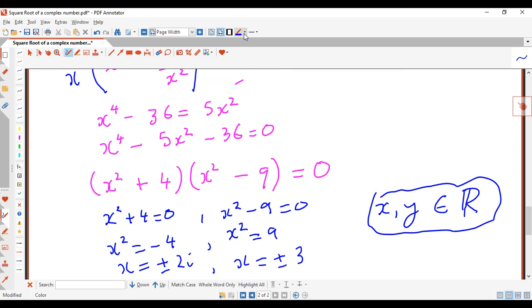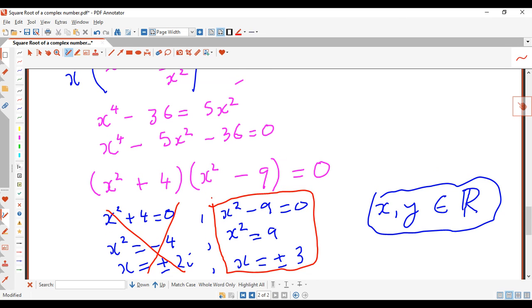Which means we can't have imaginary solutions. So this whole bit here is not possible, okay? So in future, you would not have to write that down for other questions. You would just stick to the part of the equation which is going to give you a real solution, okay?